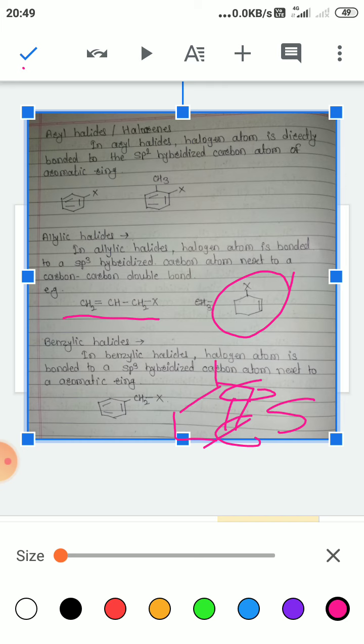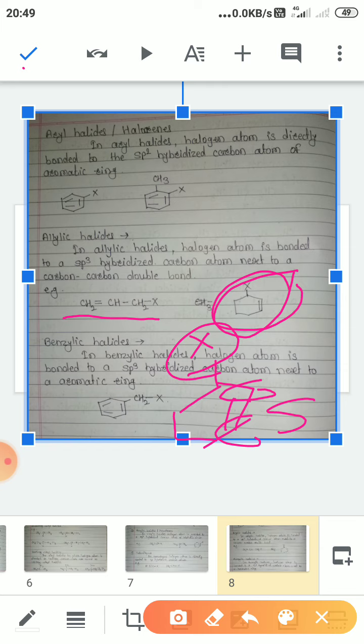And if the halogen atom is attached next to the carbon-carbon double bond, then they are called allylic halides. Okay, and therefore this is also an example of allylic halides.